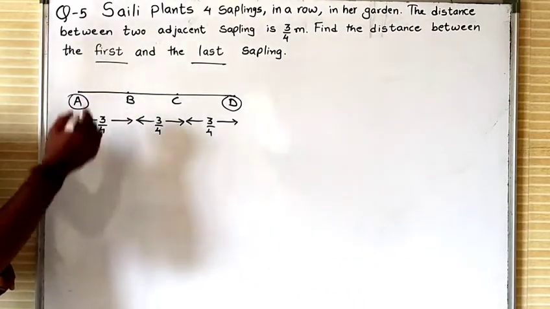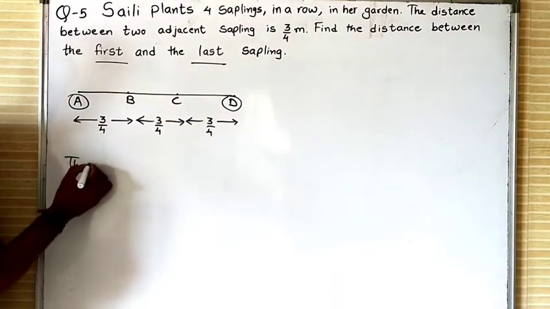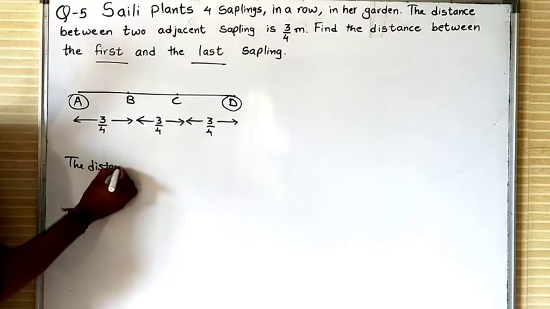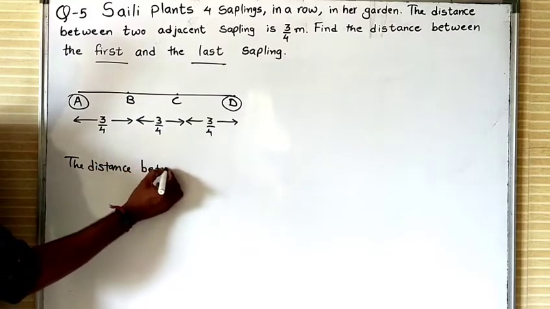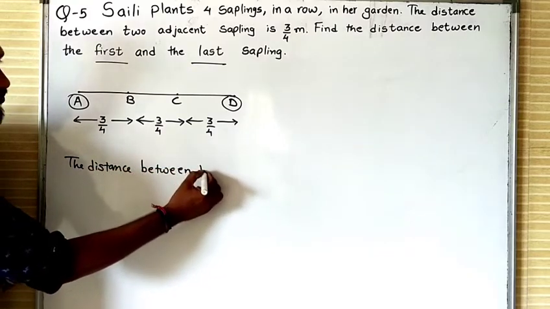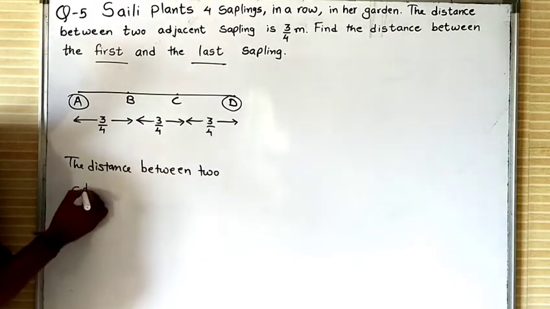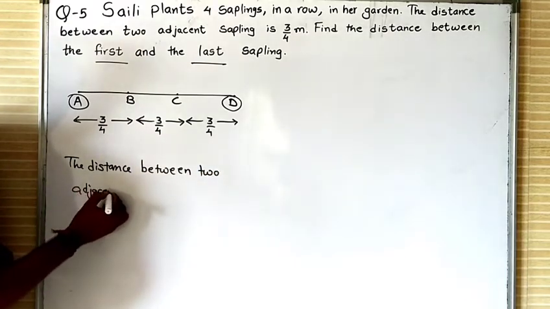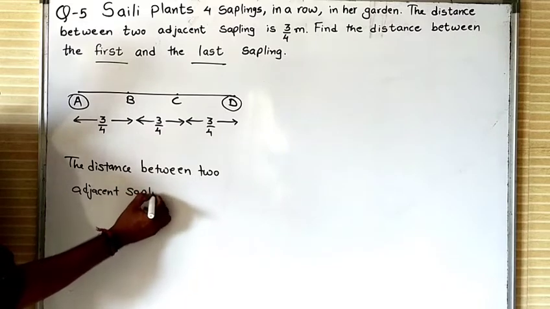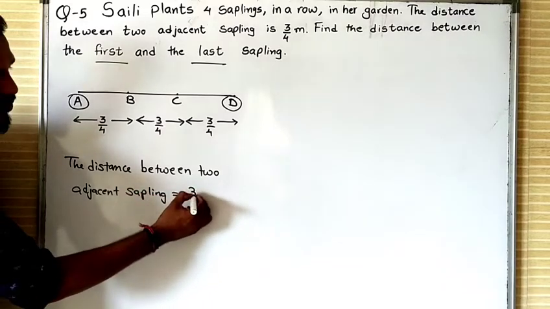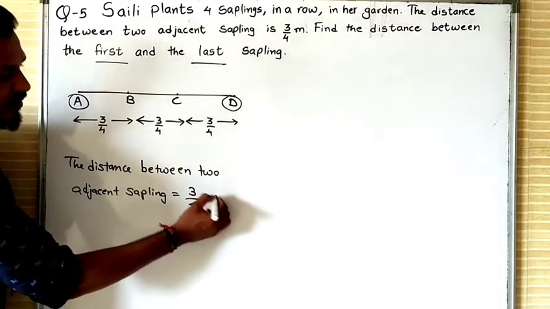So let us start. First you write down the distance between two adjacent saplings equals to 3/4 meter, which is given.